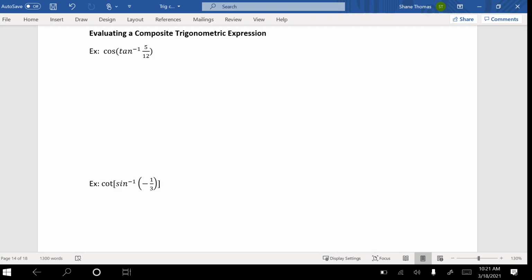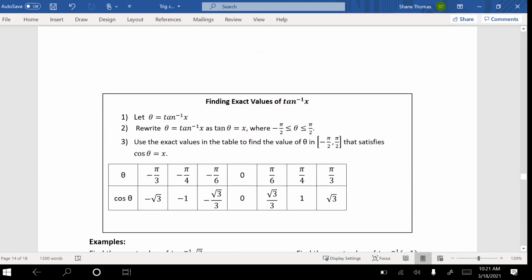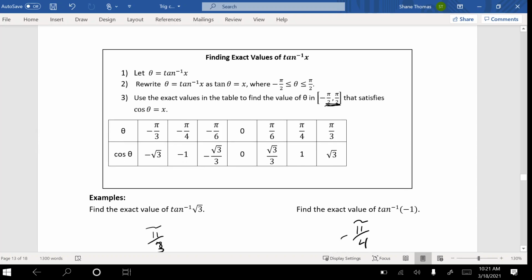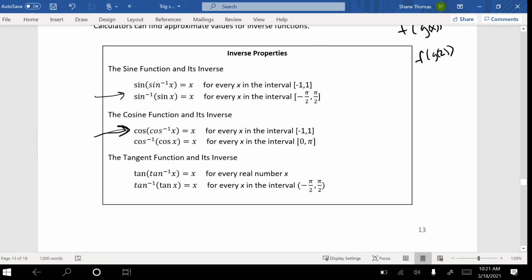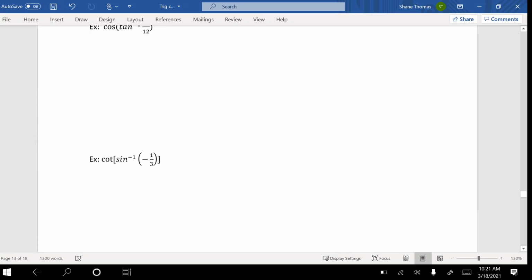Now, first off, this is still just inverse tangent, right? So inverse tangent, I can flip back here, and I'm worried about this range, correct? Is 5/12 within the range, smaller than pi over 2? Yeah, it definitely is.